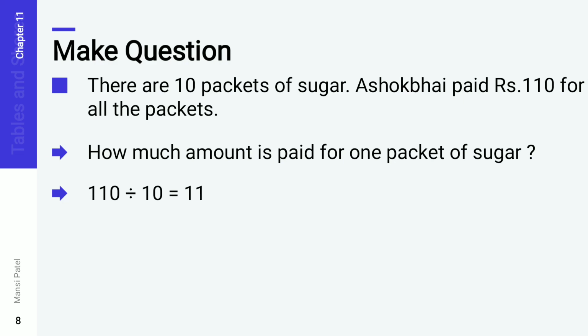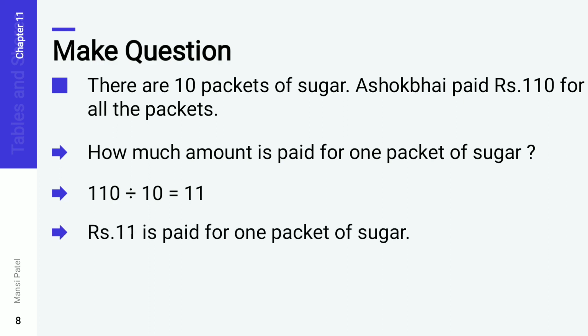So how much is it? 11. Therefore we can say that rupees 11 is paid for the one packet of sugar, or we can say that the cost of one packet of sugar is rupees 11. When they were given both the things in total, at that time you have to make the question for division.